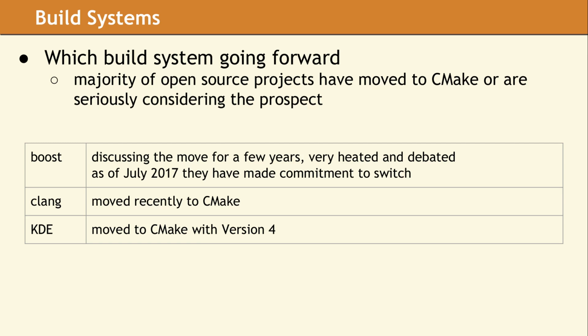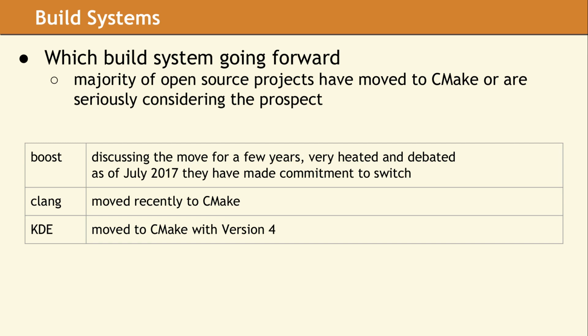This is going to be a lengthy process, as Boost is a very large and diverse collection of libraries, and Boost is built using its own in-house build system currently. If you are the maintainer of a C++ project, and you're considering switching build systems, we strongly recommend that you look at CMake. It seems to have the most momentum among the C++ user community of all of the build systems that are available.